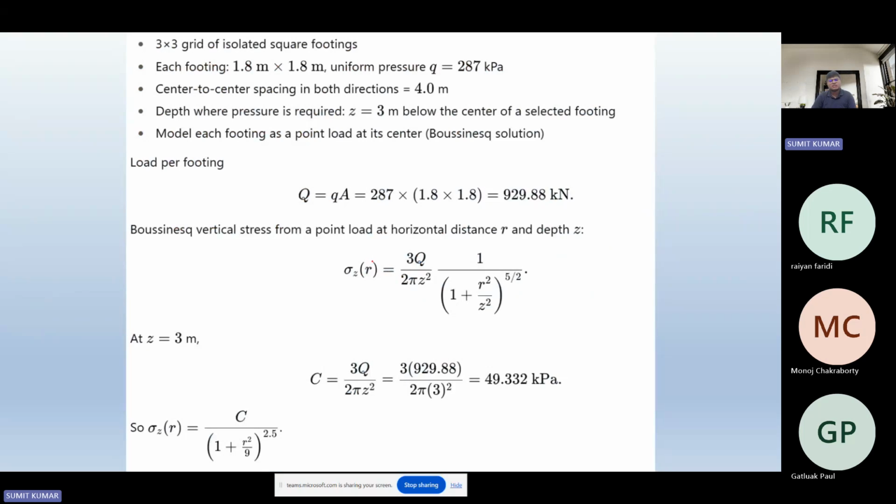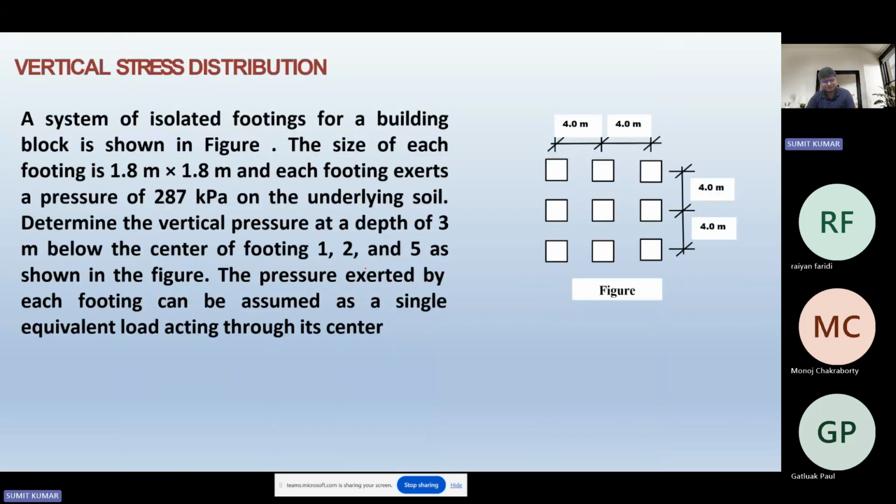So we could calculate the load coming on each of the footings, and the center to center spacing in both directions is 4 as shown in the figure. In addition to that, the depth where the pressure is required is at a depth of 3 meter below the center of the footing.